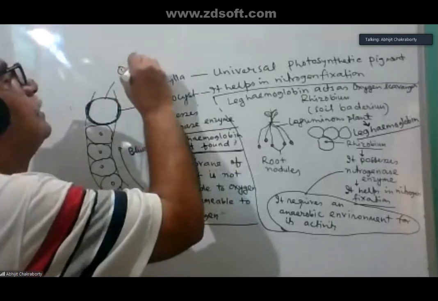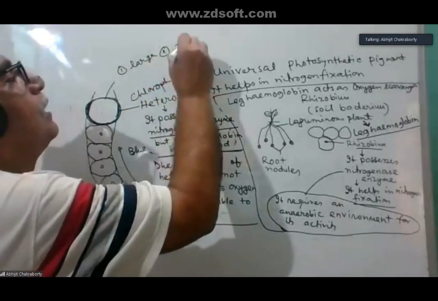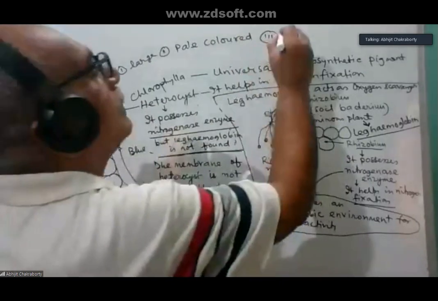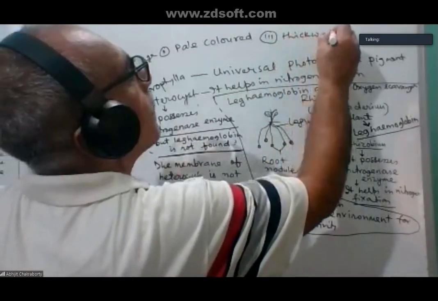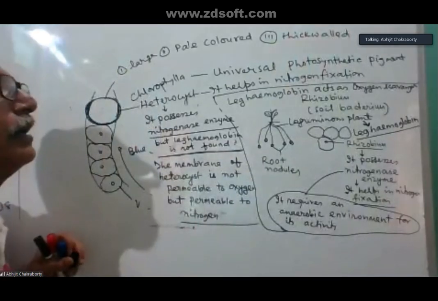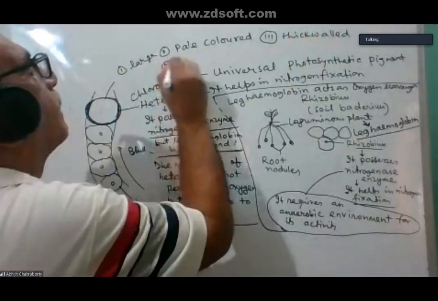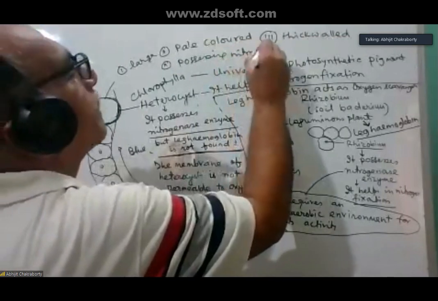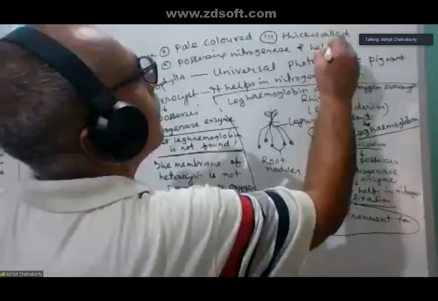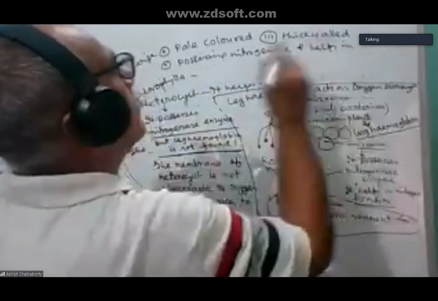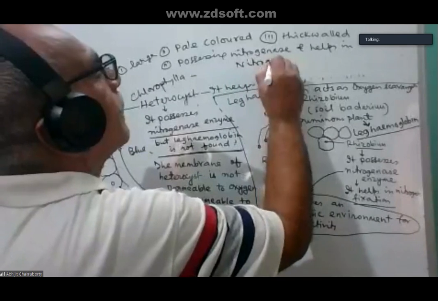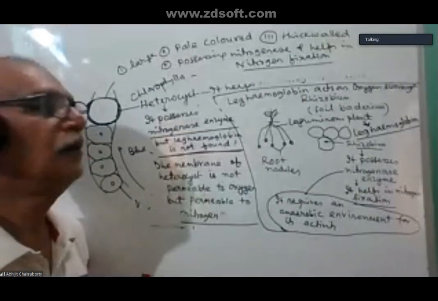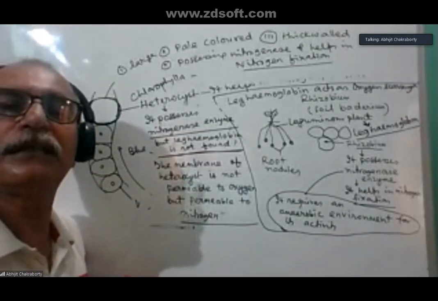First, large, pale colored, thick walls, possessing nitrogenase and helping in nitrogen fixation.